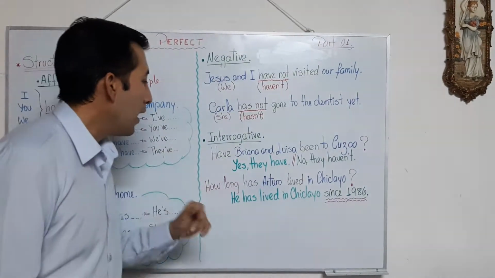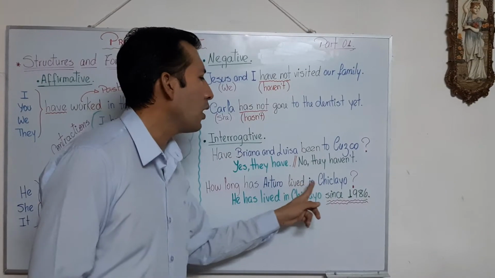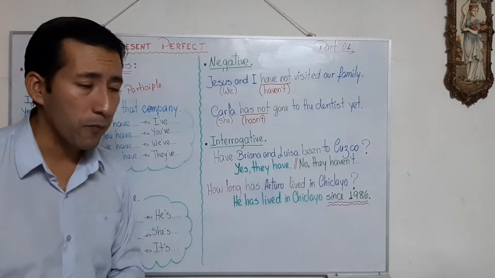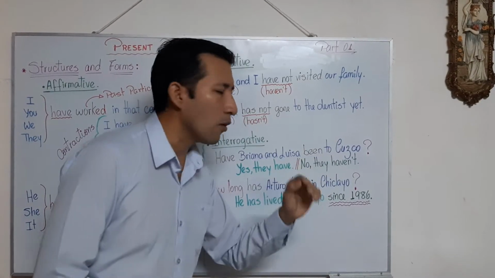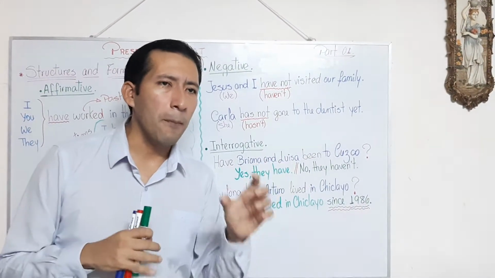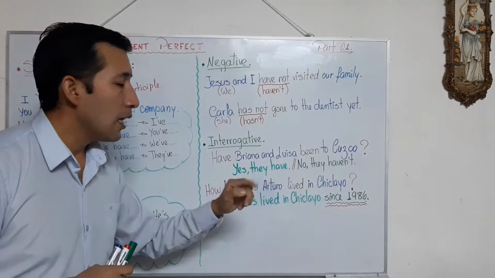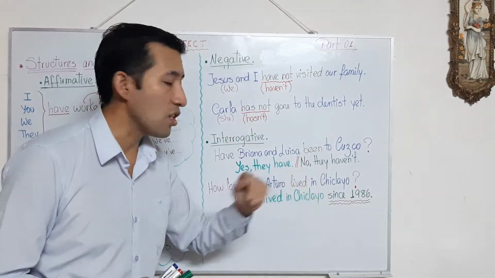All right, and on the last question, we have: how long has Arturo lived in Chiclayo? The question focuses on the period of time this person has lived in a place. Well, in this case, Chiclayo.